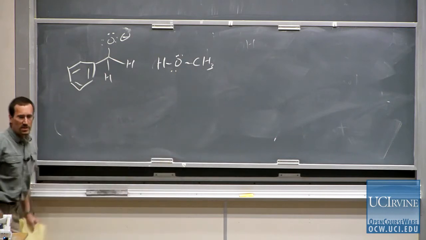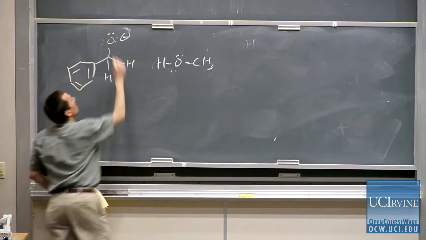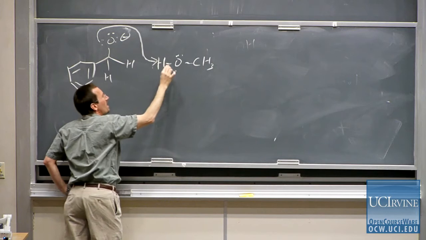So electrons can flow from the oxygen of the alkoxide anion to the proton of methanol.